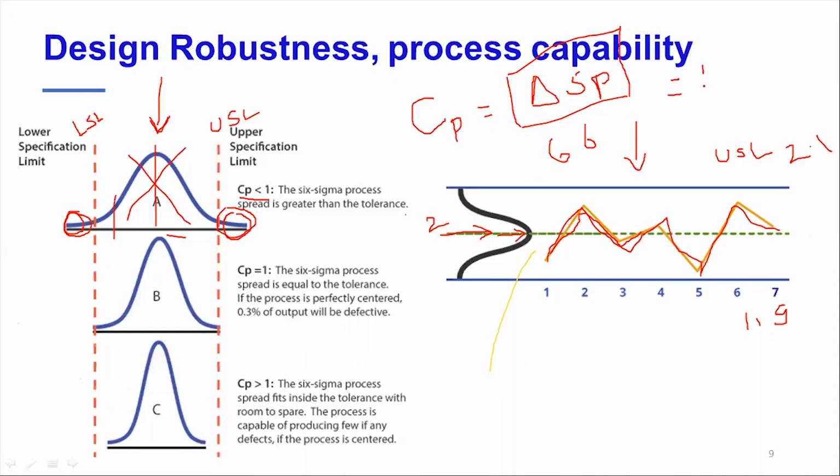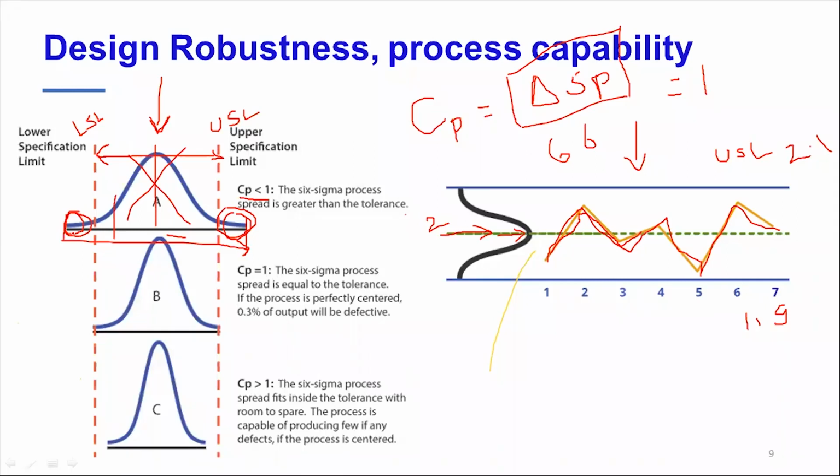If your CPK is less than 1, what it means is your 6 times sigma is more than this, because your process sigma is high, and 6 times process sigma is somewhere here.